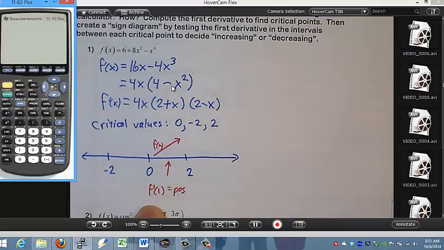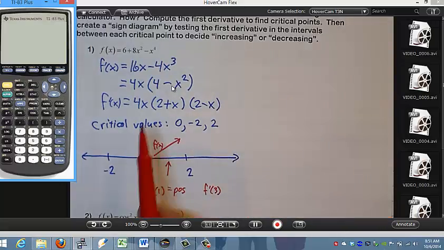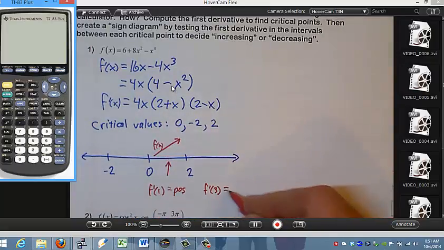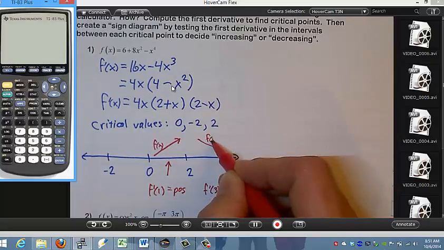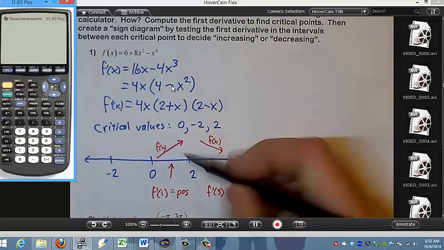And over here, you did things like f prime of 3. When I plug in a 3, I get positive, positive, but what happens here? You get a negative. So it's negative, and that means f of x is decreasing. By the way, what does that tell me about 2?